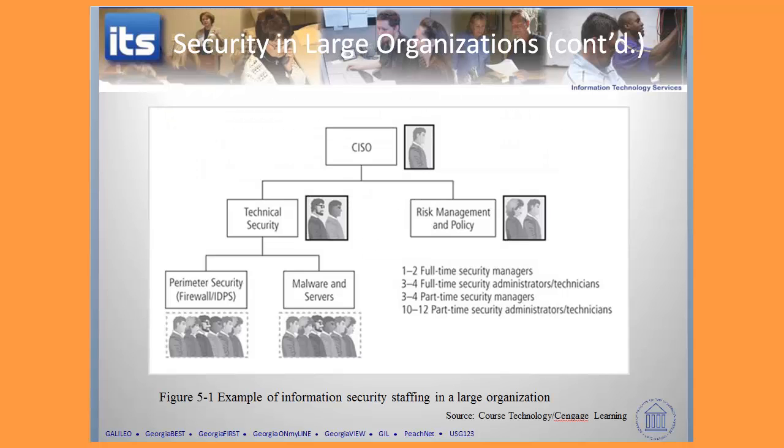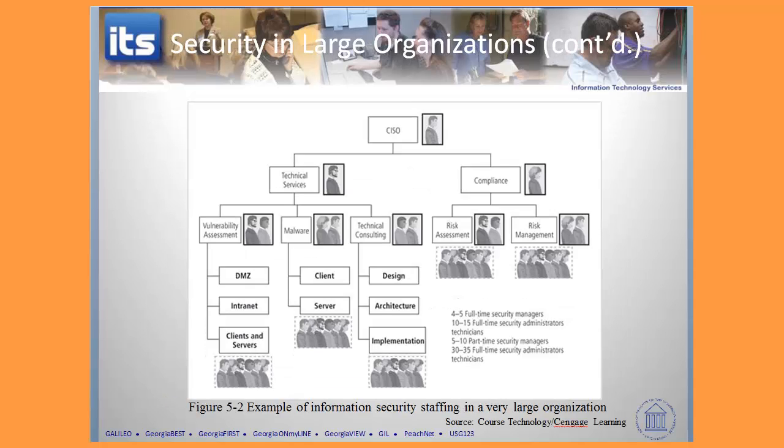Here's one where you've got it split out with technical security and risk management and policy in 2 separate groups. Here's one example of how you might configure, and then of course you've got some subgroups under that technical security component. Let's look at another example. Here you've fleshed it out a little bit more.